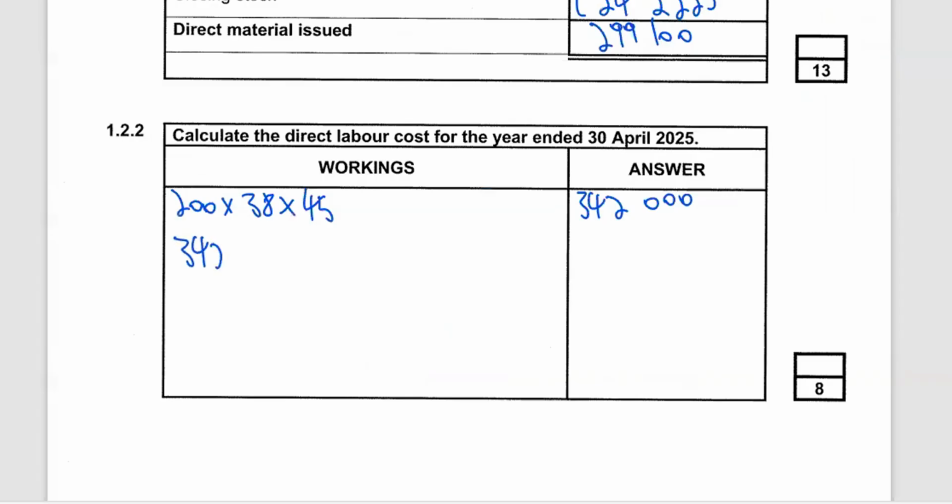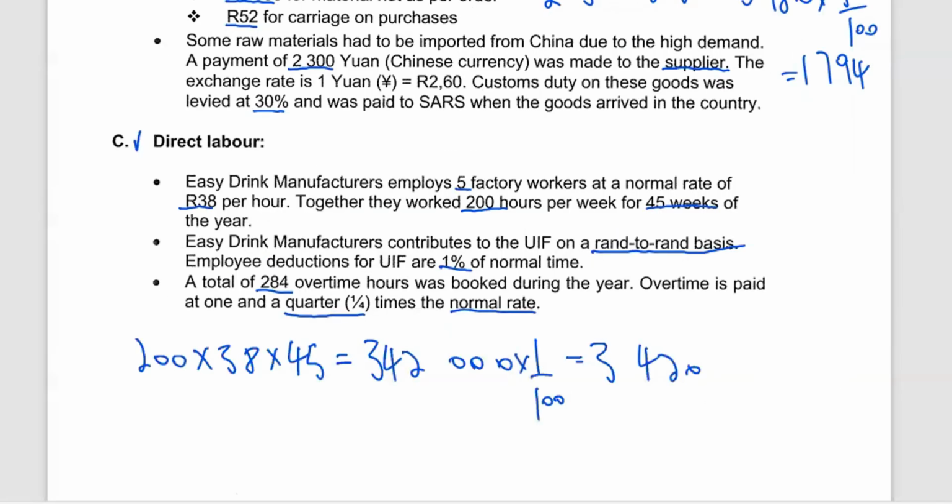So here we have 342,000 times 1%. Then we get 3,420. A total of 284 overtime hours was booked during the year.